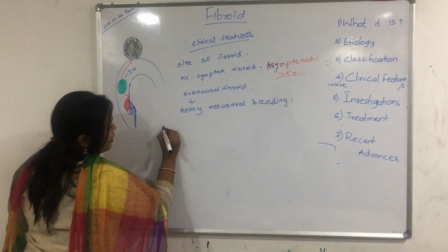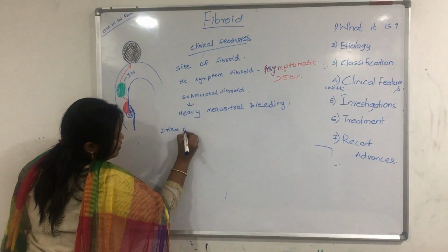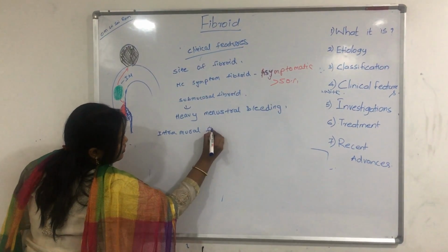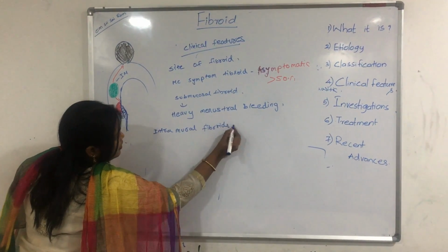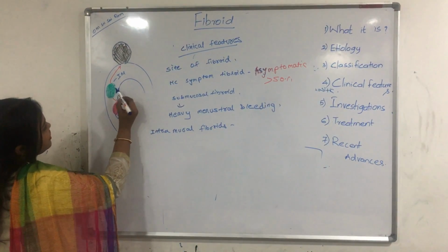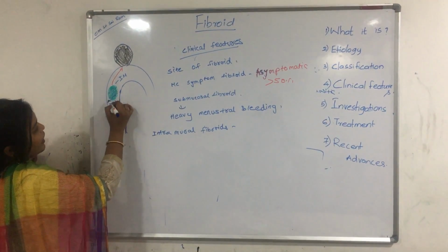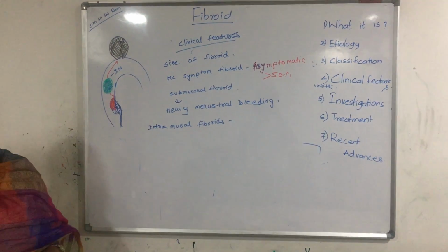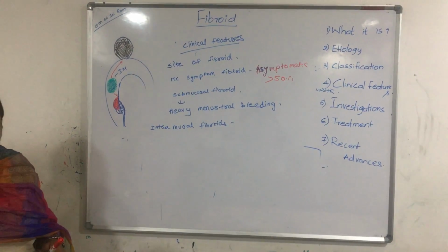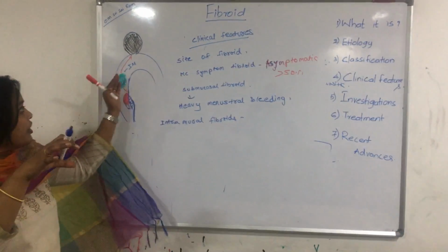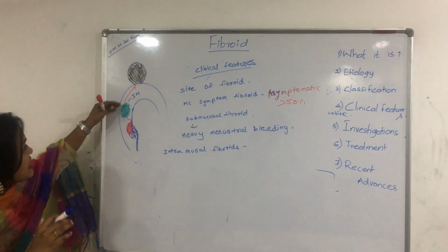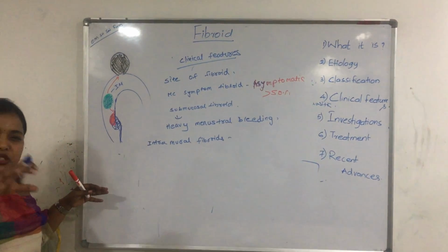Next, coming to our intramural fibroids. Intramural fibroids are within the myometrium. What happens when the endometrium has to shed out? The myometrium will squeeze to push the endometrium outside. But when there is some obstruction in it, it tries to push it hard.